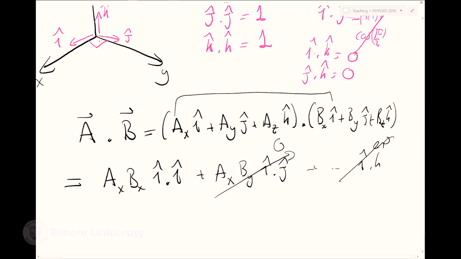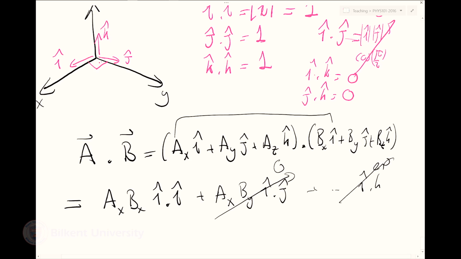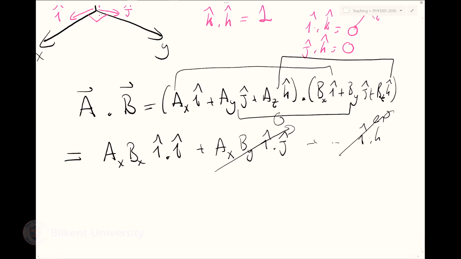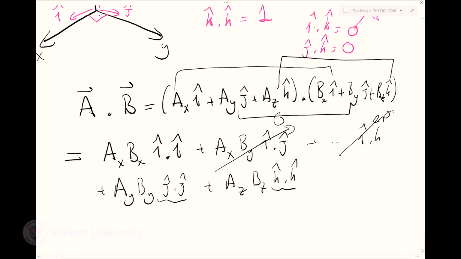The only terms which actually survive are ax bx, ay by, and az bz, right? So I'll have ay by, j hat dot j hat, plus az bz times k hat dot k hat. But we have just said all of these are 1.